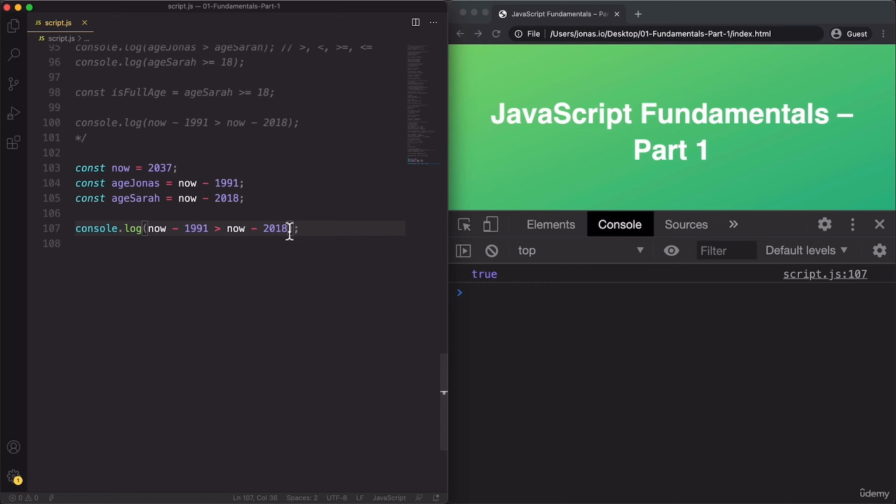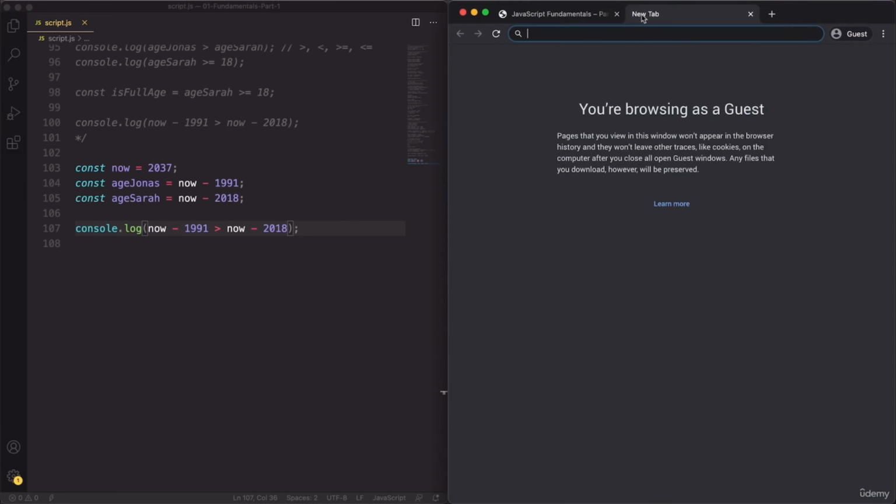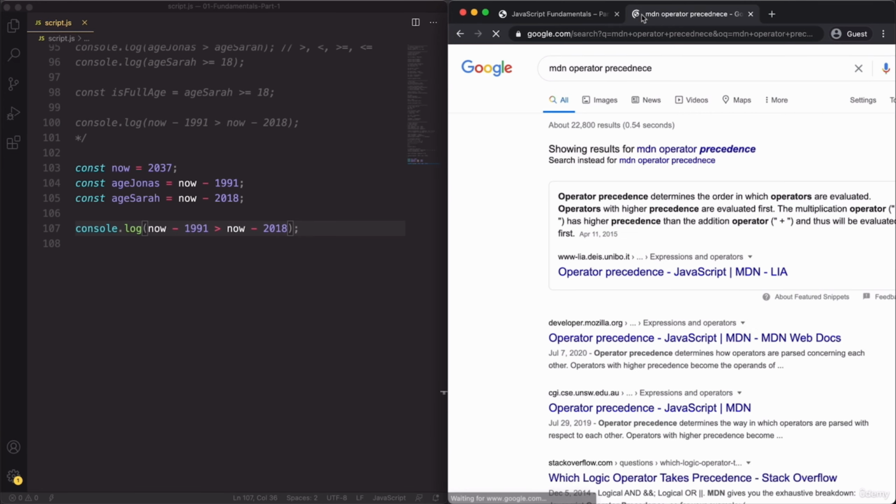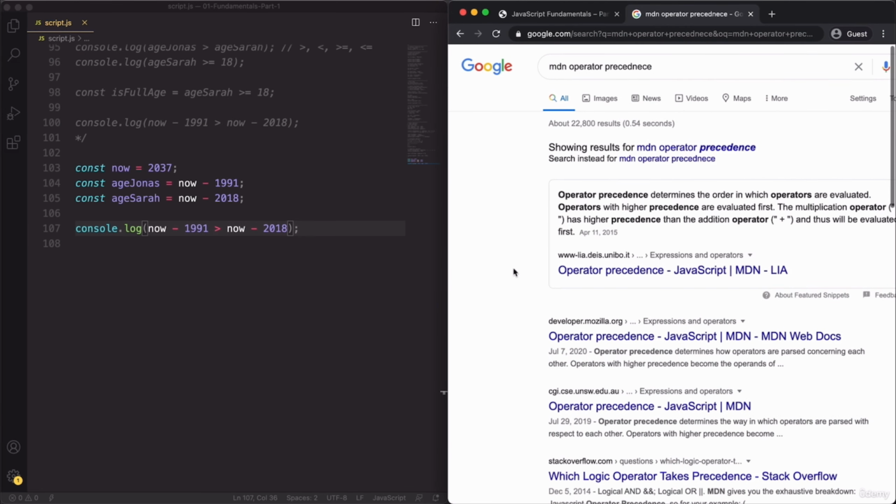And to actually see the precedence of all the different operators, let's check out a very handy precedence table. So let's Google MDN, which stands for Mozilla Developer Network, and then operator precedence. The one you're looking for is the one that starts with developer.mozilla.org.